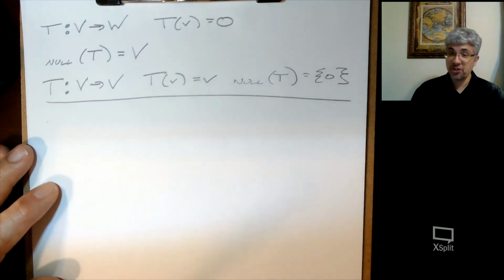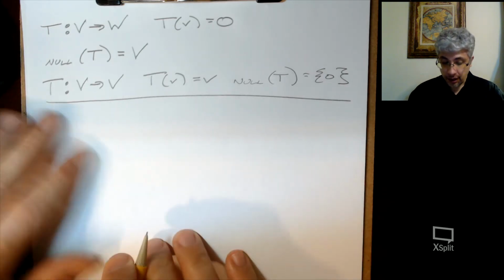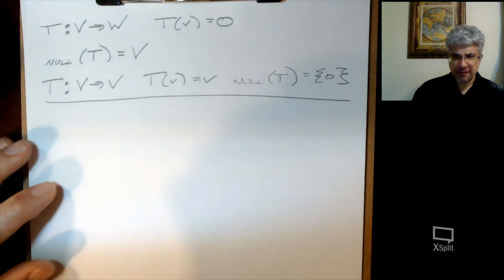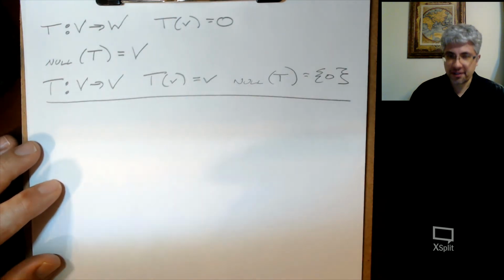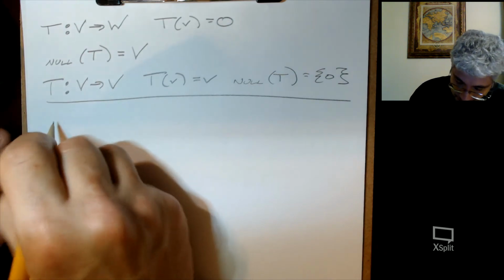Okay, but let's get around to the next part, which is what I've promised. I said I was going to show you that the null space is always a subspace. We don't have a null space without a linear transformation. Okay, so let's do that.